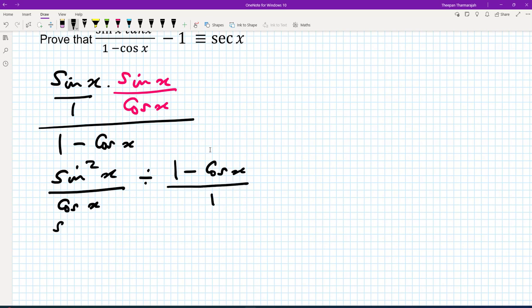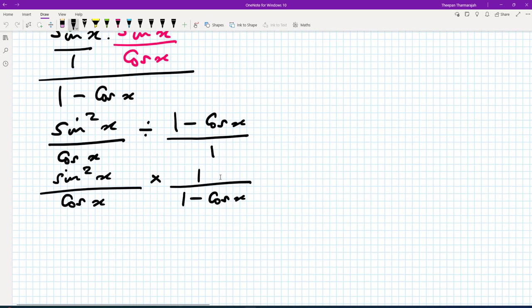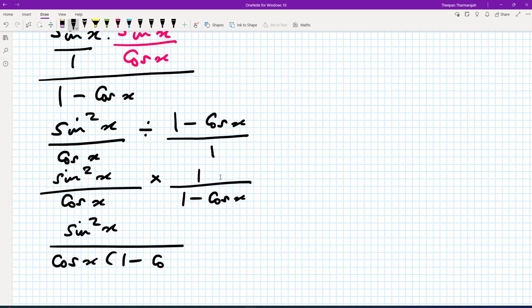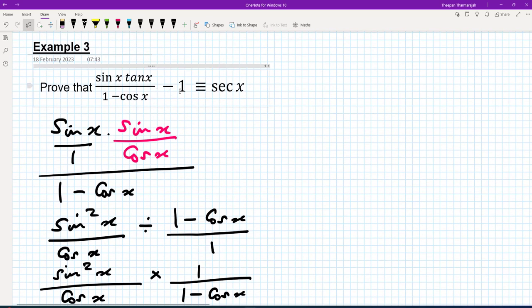So what we're going to get is sine squared x over cos x times 1 over 1 minus cos x. So what happens is we get the following. We get sine squared x over cos x multiplied by 1 minus cos x. Now that's the first fraction that we have. Now I need to subtract 1.